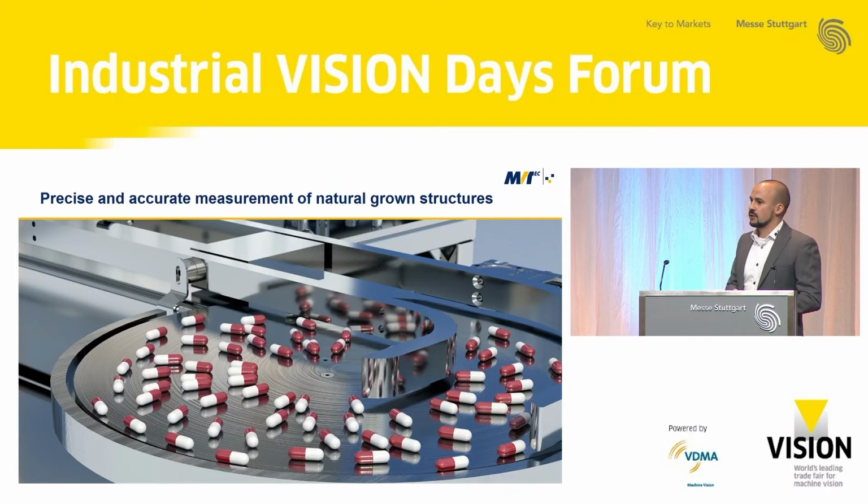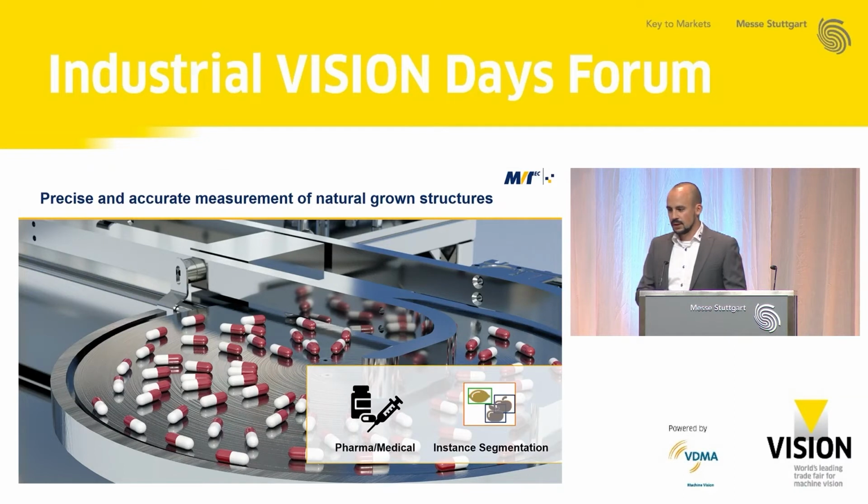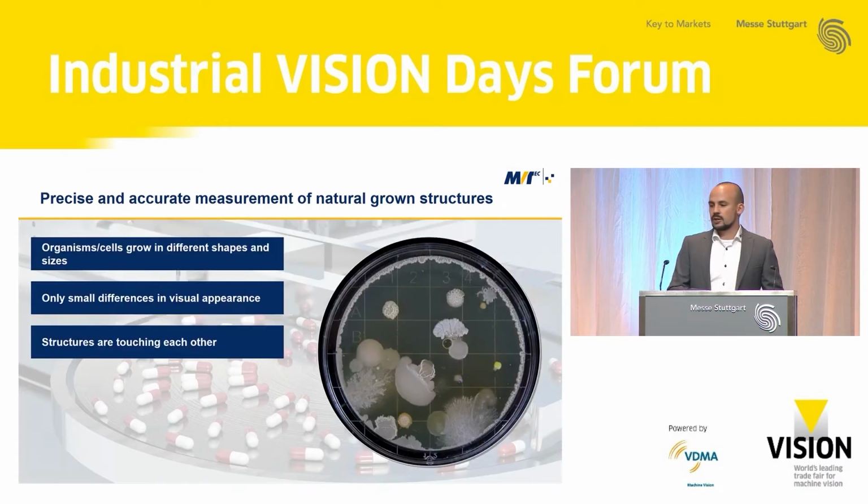Last but not least, a third example, which is from the pharma and medical industry, and the technology used is instance segmentation, a technology which allows you to classify objects and get pixel-precise segmentation results of these objects. The task at hand is a precise and accurate measurement of naturally grown structures, like shown here on this image of a Petri dish.